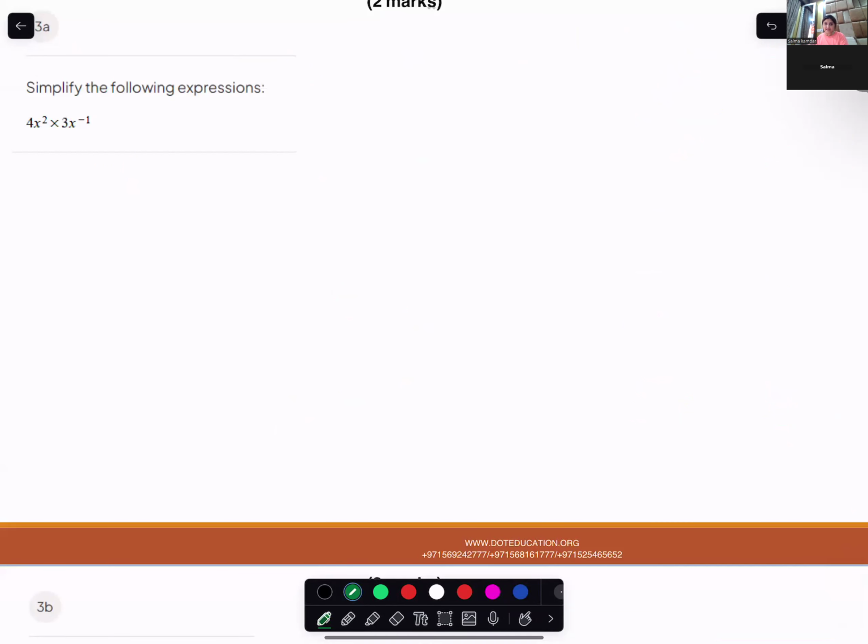Simplify the algebraic expression 4x squared into 3x raised to minus 1. Okay, let's see. This is a multiplication sign, so I can separate the constants and the variables. So it will become 4 into 3, the constants, into x squared into x raised to minus 1.